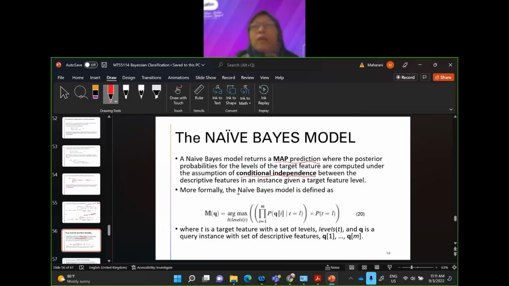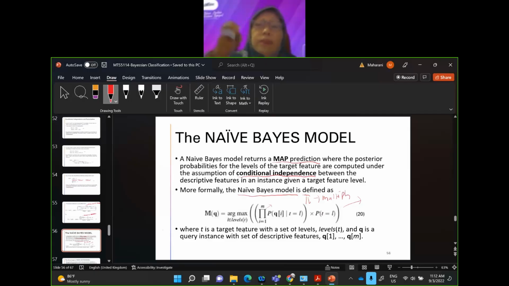That's the condition of naive Bayes. It cannot be used in the general form, only for the independence condition. More formally, the naive Bayes model has the formula as equation 20. This symbol means multiply, you have to be familiar with this.